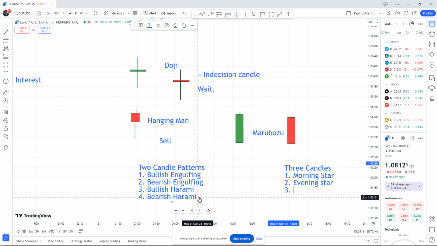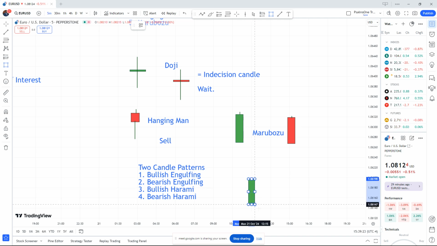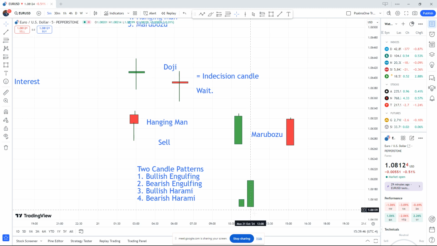So everybody was interested in buying, and the small wick just happened at the top. This is like a very big impulse, a momentum in the market, telling us that it is a buy signal. When you see the green Marubozu, it is a buy signal.